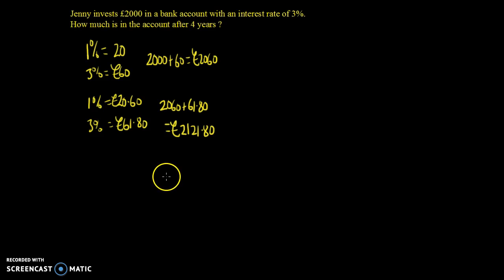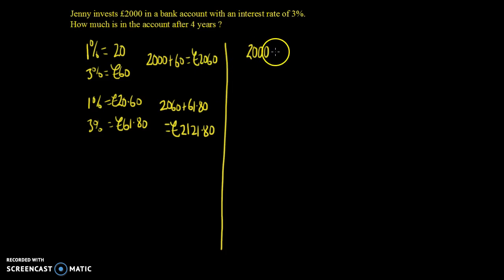But let's think about a possible shorter way. So if we wanted the amount at the end of the first year, so this 2,060, we could do this another way. So what one number could we multiply by to give us this?